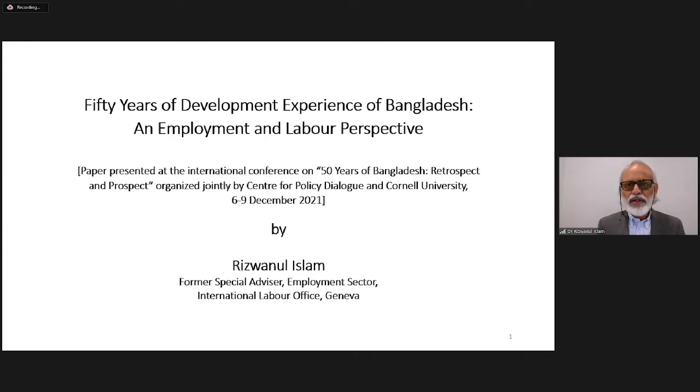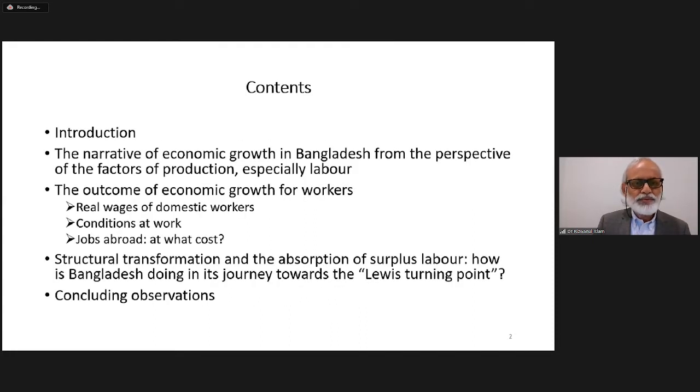In part two, I look at what has happened to labor, what they have received in return for their contribution. And in part three, I look at a broader development issue, which is that as economic growth takes place, whether the economy has been able to absorb its surplus labor that was available at the beginning of the growth process. So these are the three things that I look at.